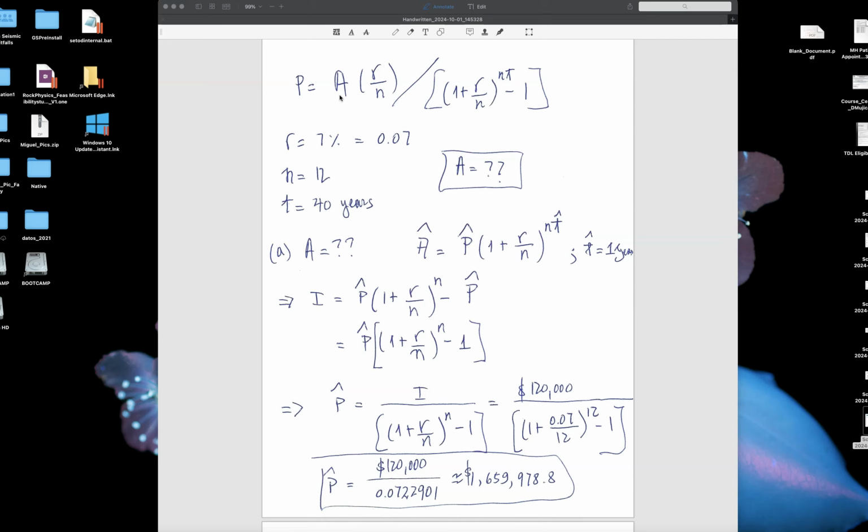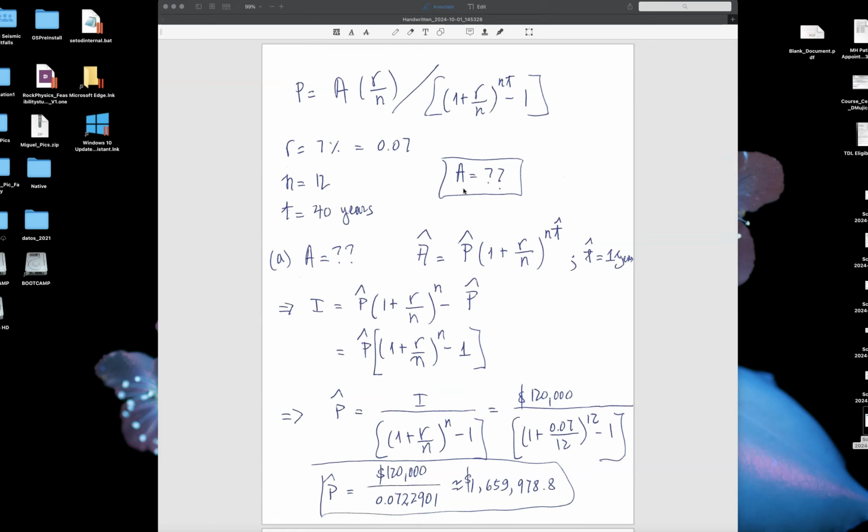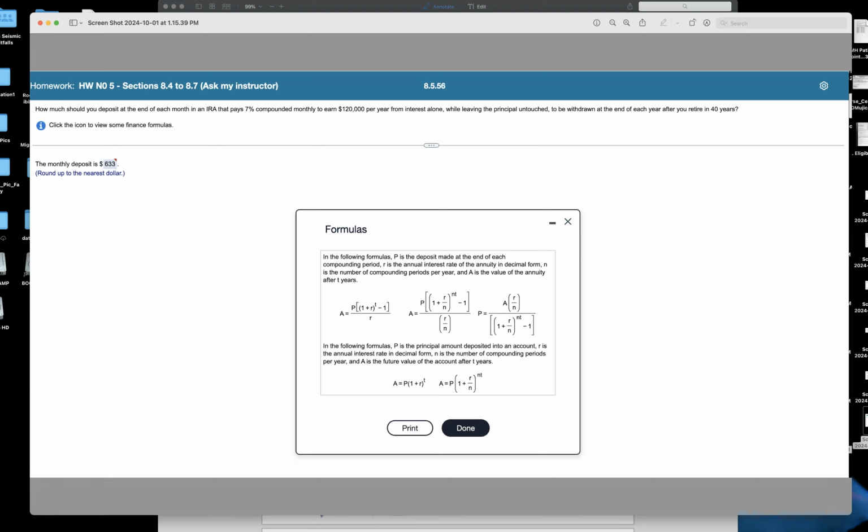But they say that it is an amount such that, if I put it in a compounded monthly transaction for just 1 year, it is going to produce an interest of $120,000. That's what they say in the example: to earn $120,000 per year from interest alone.